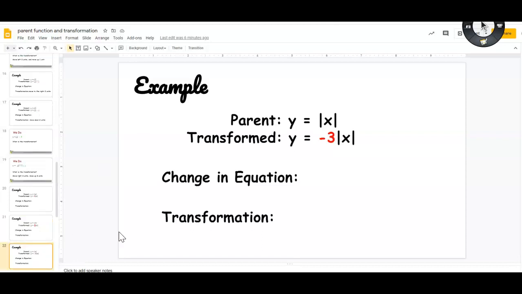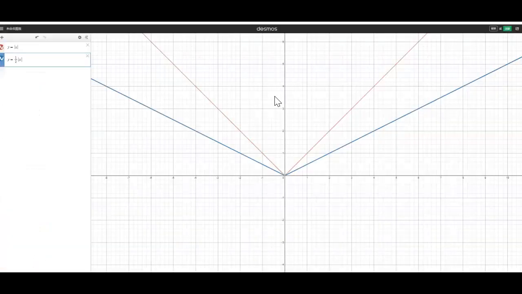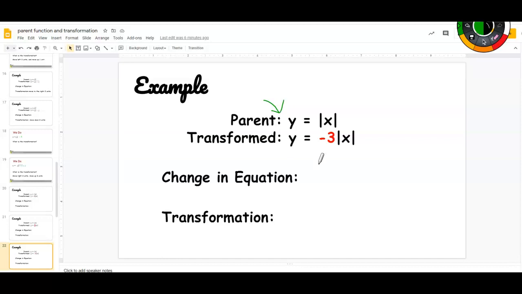Last type of transformation. Still our parent is the absolute value equation and our baby equation. This time, what is the change in the baby equation? We multiply a number again, but we multiply a negative number. So let's see, if we multiply a negative number, what is going to happen on the graph?